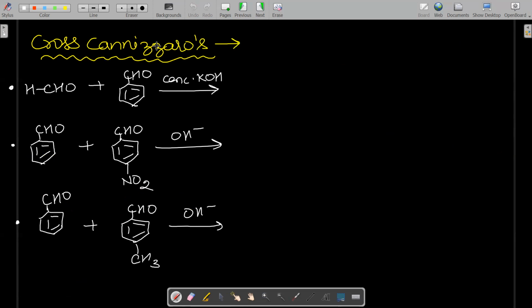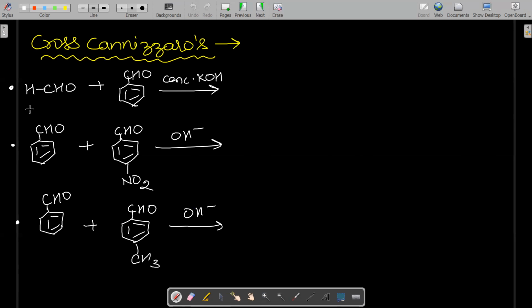What is the meaning of cross-Cannizzaro? Means two different molecules. In Cannizzaro, same molecules, but in cross-Cannizzaro, we have to take two different types of molecules, and in both molecules, no alpha hydrogen must be present. Okay. If any one of the molecules contains alpha hydrogen, then it will undergo aldol condensation, not Cannizzaro reaction.